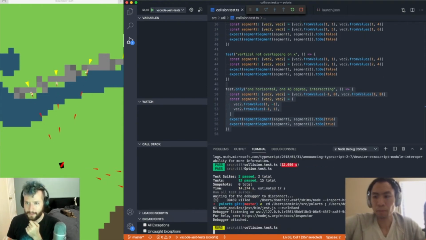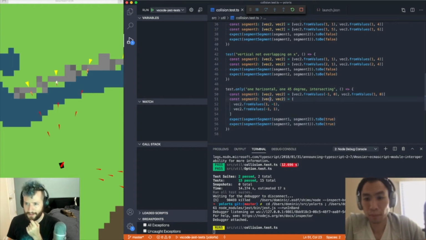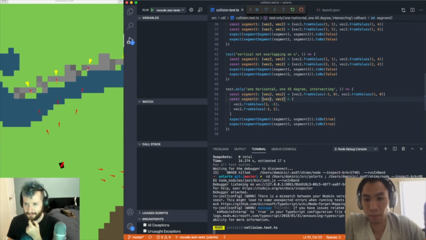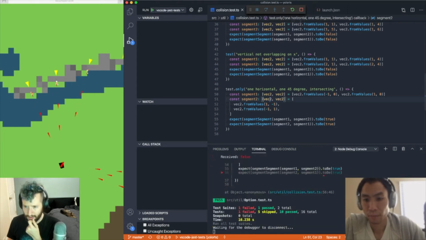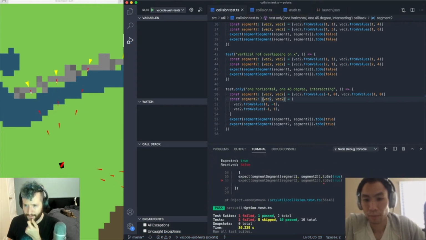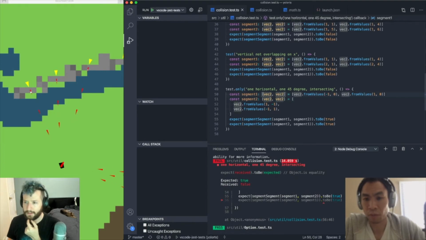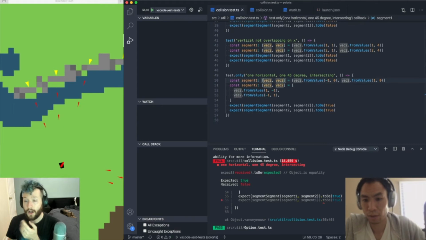Oh, cool. Everything passed before. I just put back our horizontal line test. And that's still false, the second one, when we reverse the order. Oh, great.